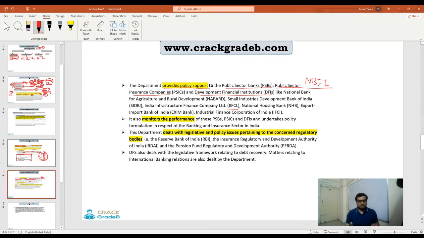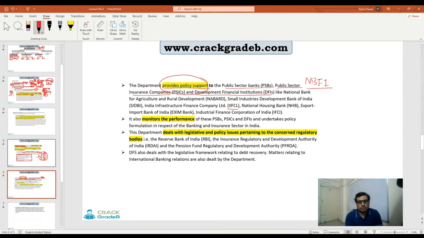Then the Department of Financial Services came into action because they are responsible for providing the policy support. They established a working group, and they asked the RBI to also establish a working group and try to find out what the problems are and what the prospective solutions are. So these things were facilitated by the Department of Financial Services.